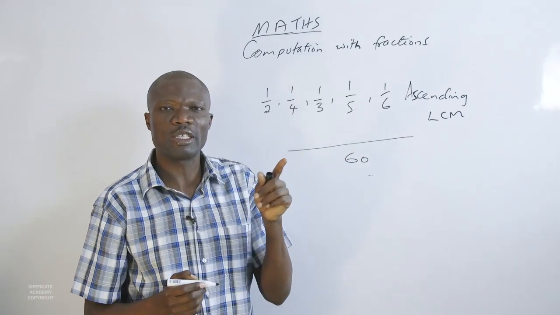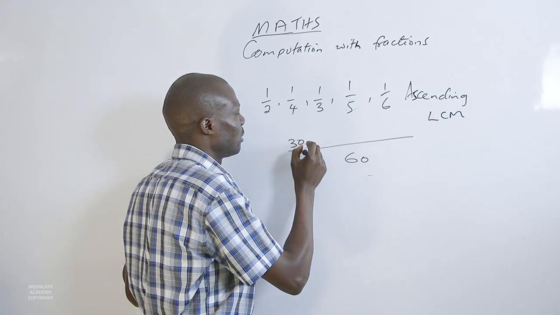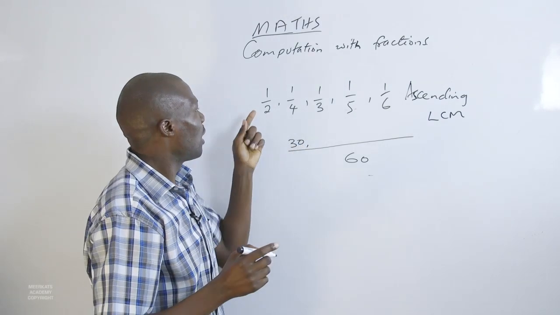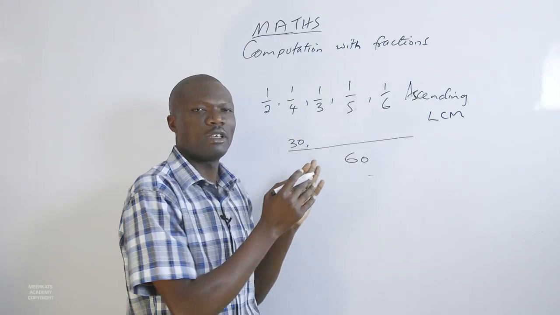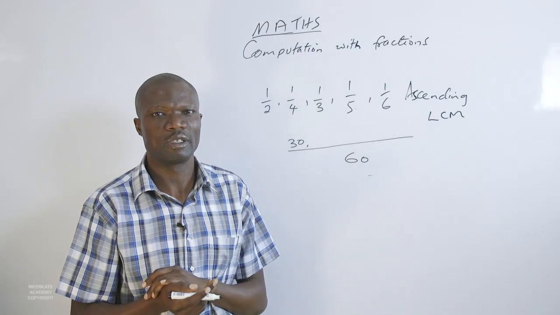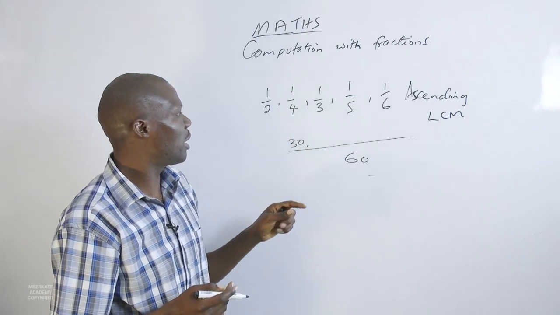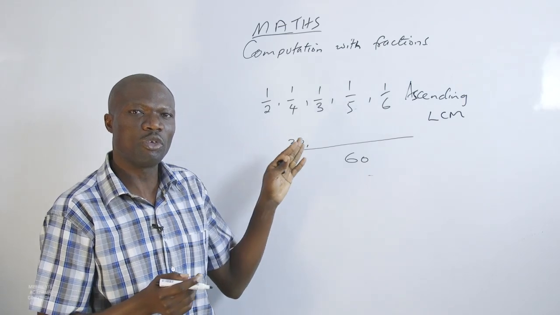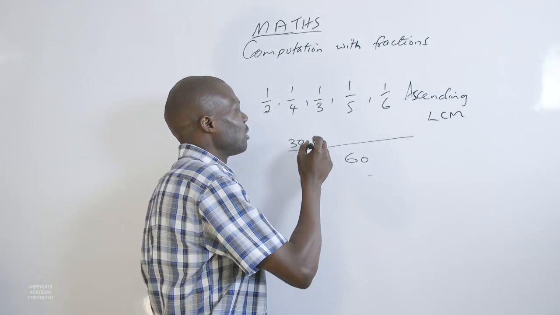So if I take my denominator to be 60, the first one, it is 60 divided by 2, which is 30. 30 times 1 is 30. So it means a half is equivalent to 30 over 60. For the second one there, 60 divided by 4 is 15. 15 multiplied by 1 is 15.